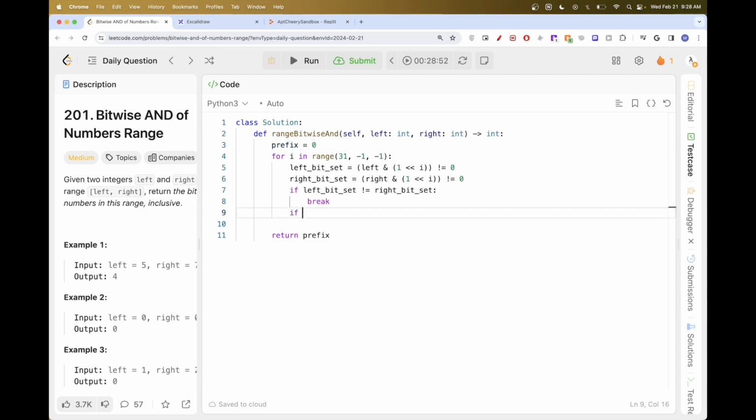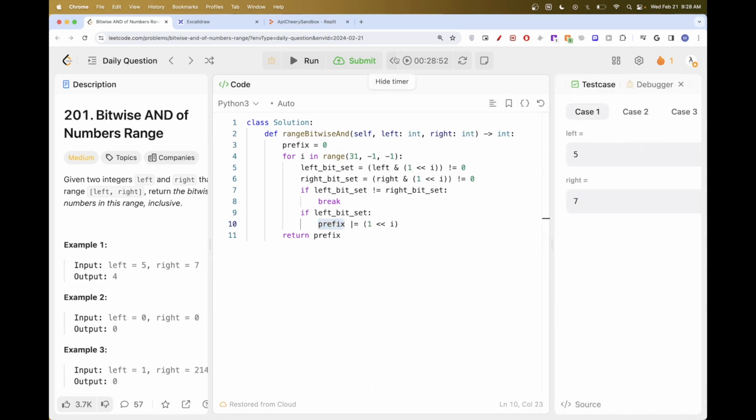So if left bit is set, I don't need to check if right bit is set, because if left bit is set, that means right bit is set, because we already determined that they are either both set or both not set, right? And so prefix, we OR it with position I. So what this basically will do is it will set the bit at position I in prefix. Okay, and I hope that was clear.